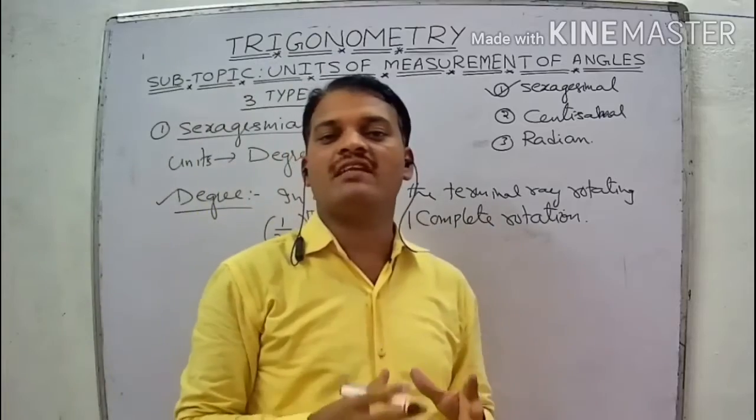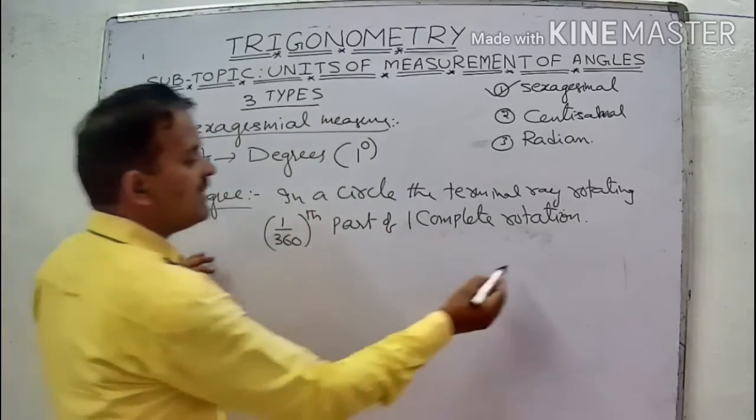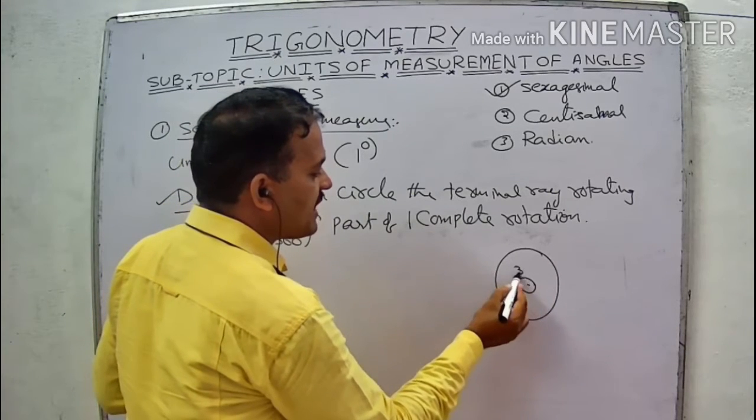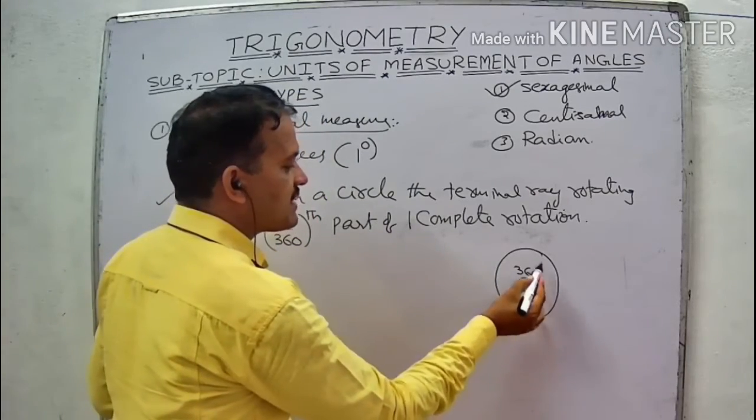But how is it 1 by 360? If it is in a circle, one complete rotation means it makes an angle of 360 degrees, my dear friends. It's nothing but 360 degrees.